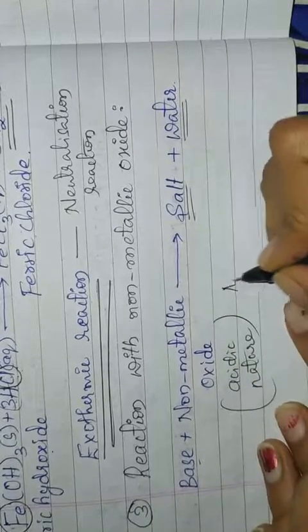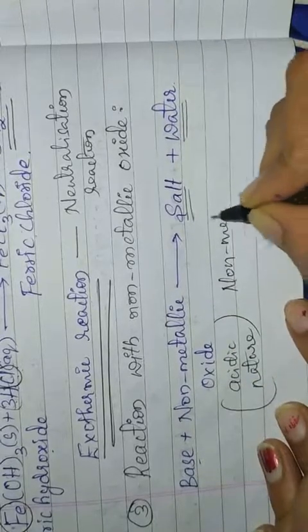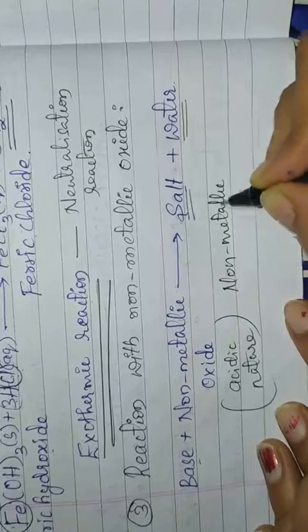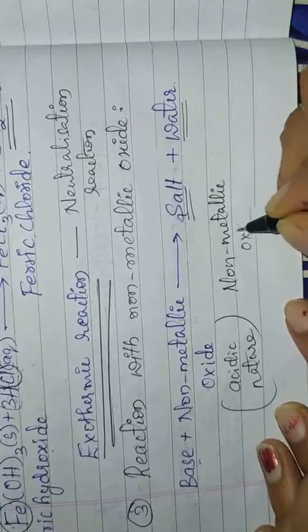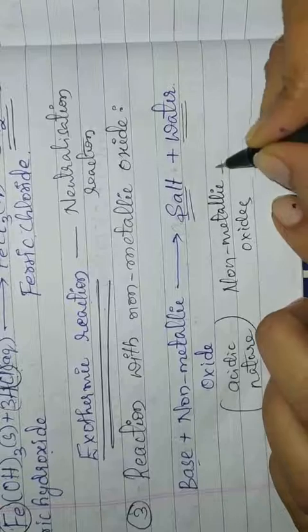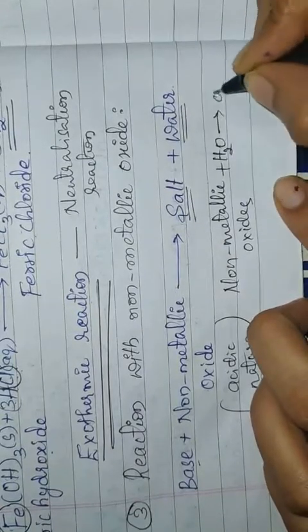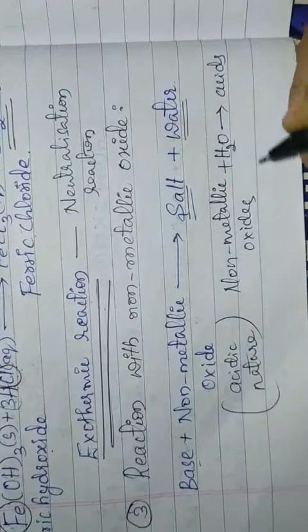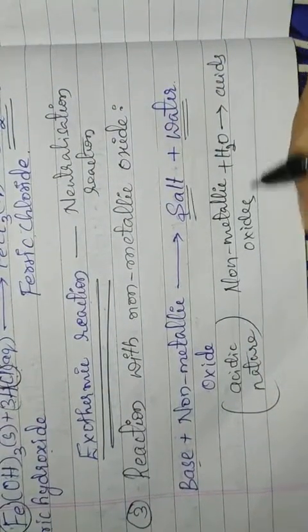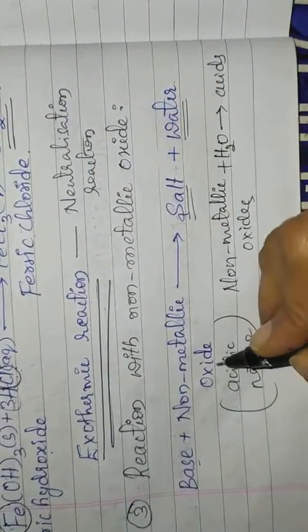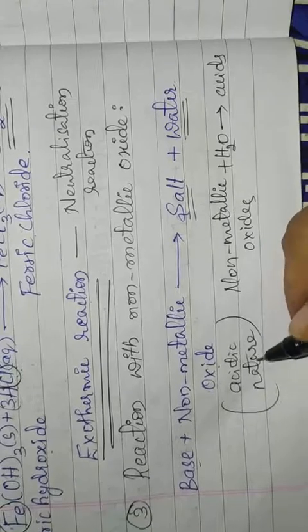When these non-metallic oxides are dissolved in water, they will form acids. Therefore, these non-metallic oxides are acidic in nature.